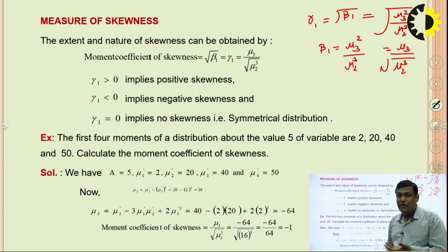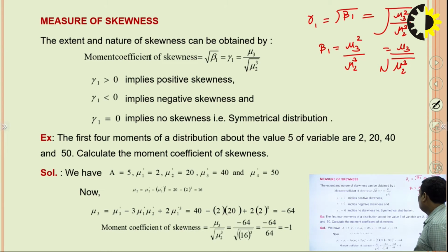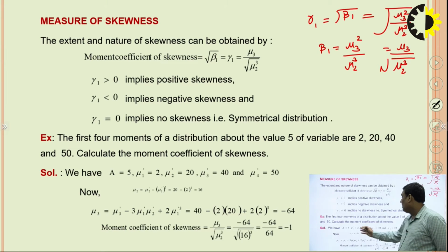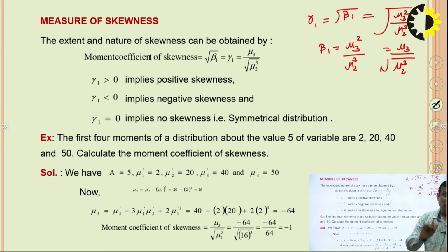So firstly we have to check in the problem what type of moments has been given. Here the first four moments of the distribution about the value of 5, meaning about any value, meaning about a raw point, are given, and it is denoted as mu r dash. That's why the values are mu 1 dash, mu 2 dash, mu 3 dash and mu 4 dash: mu 1 dash equal to 2, mu 2 dash equal to 20, mu 3 dash equal to 40 and mu 4 dash equal to 50.